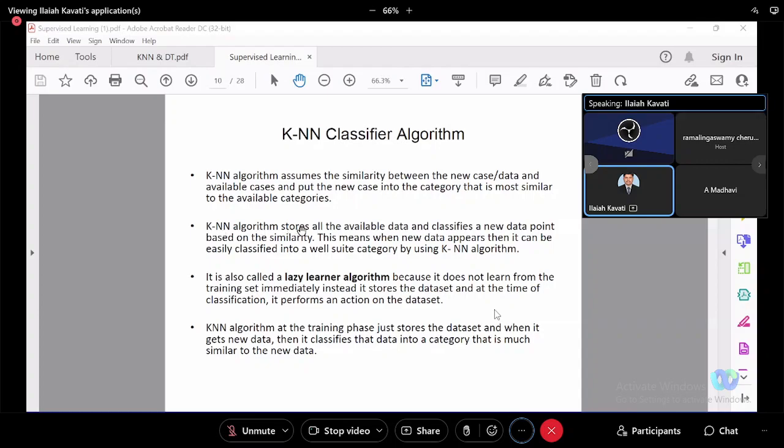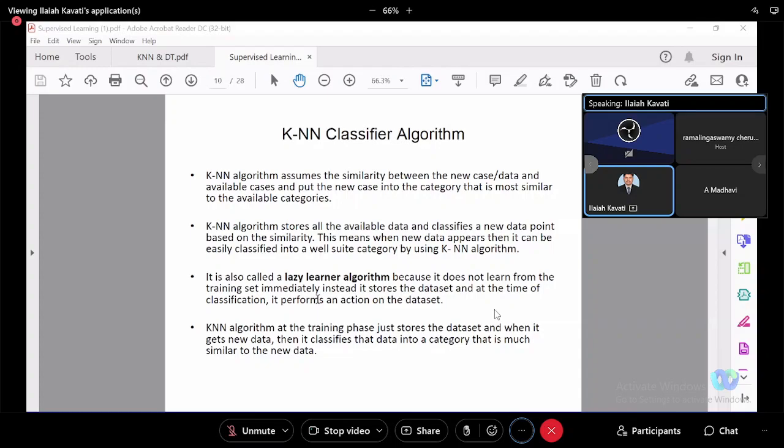The algorithm stores all the available data and classifies a new data point based on similarity. This means when a new data point appears, it can be easily classified into a well-suited category using the KNN algorithm. An important thing with KNN is that it is a lazy learner algorithm, because unlike logistic regression, naive Bayes or decision trees, in KNN the training phase is not that much.